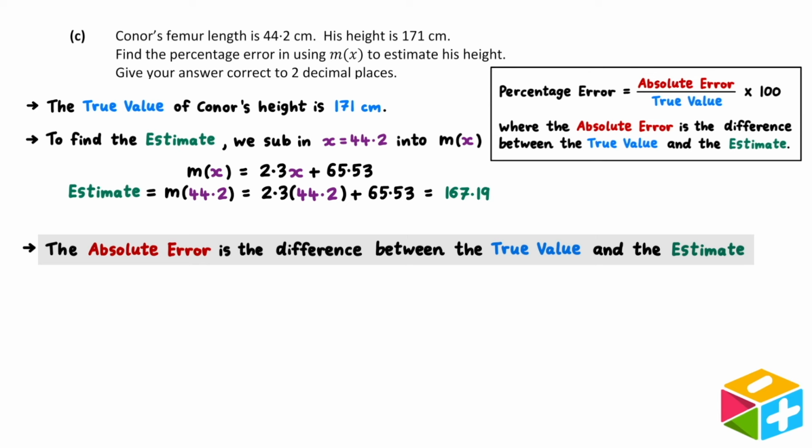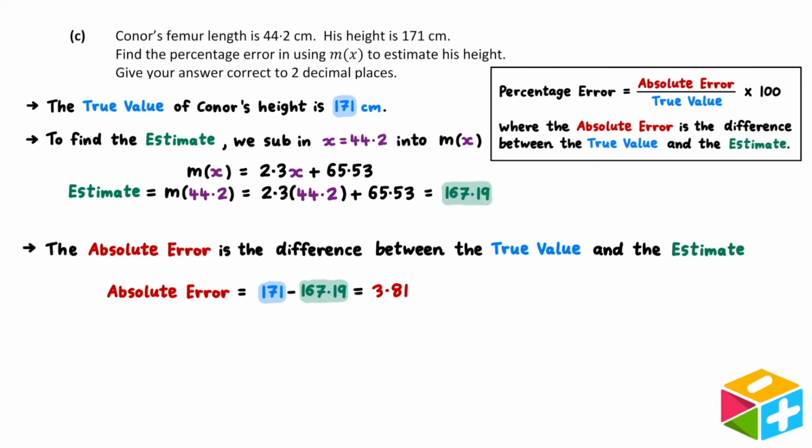The absolute error measures how far off the estimate is. Formally, it's the difference between the true value and the estimate. To find it, we simply subtract these numbers away.